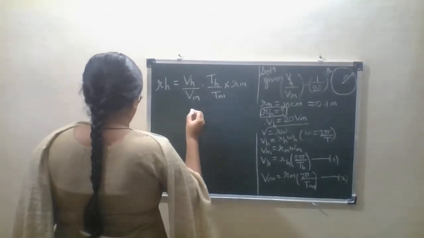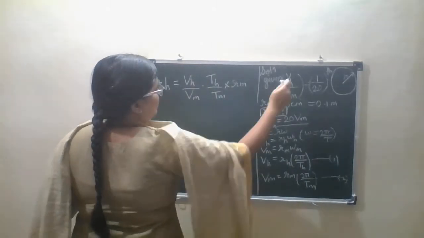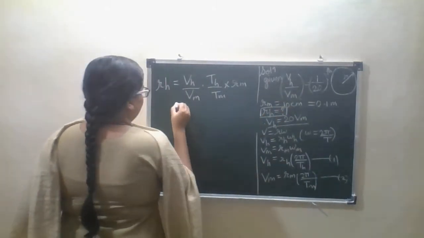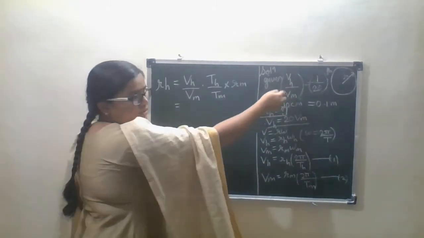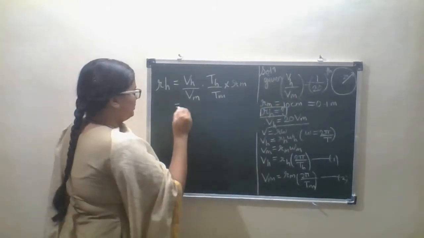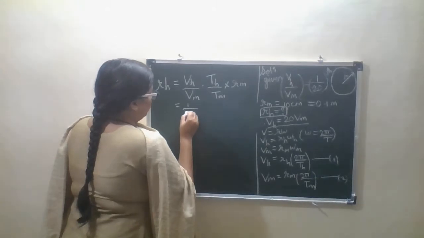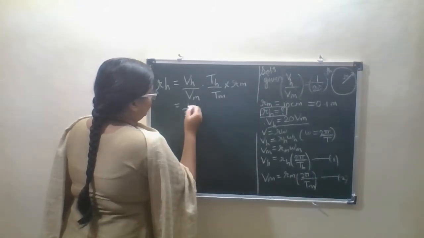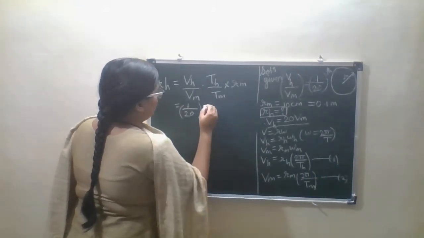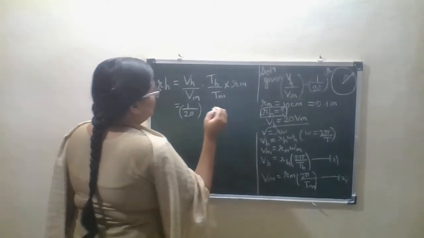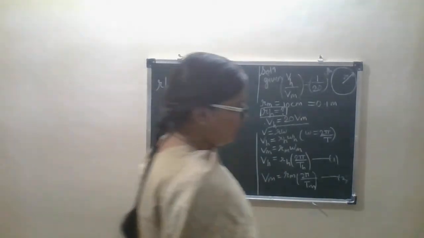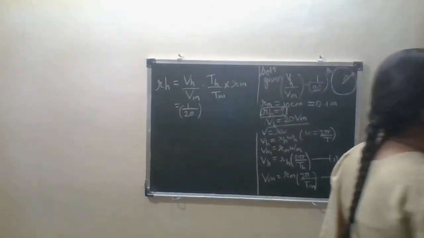Then what is vh upon vm? Here it is given as 1 upon 20. So vh upon vm is equal to 1 upon 20.